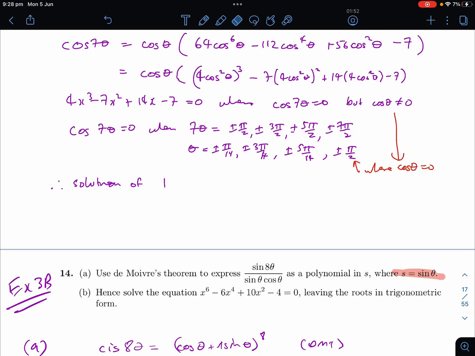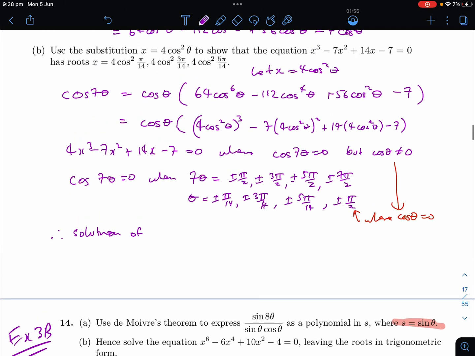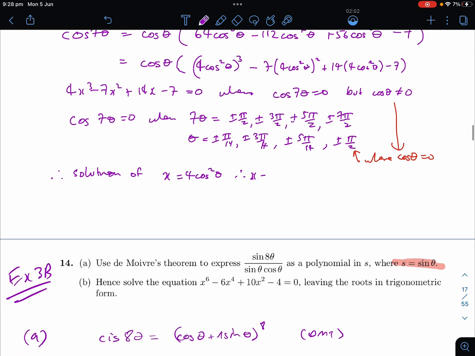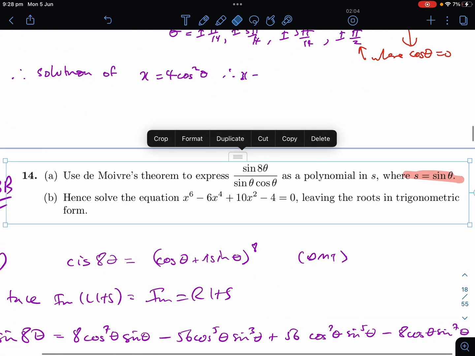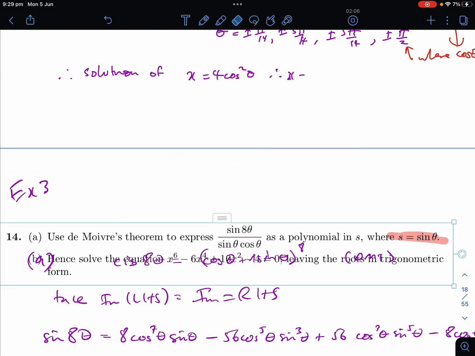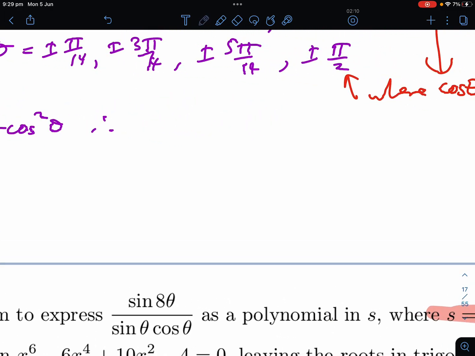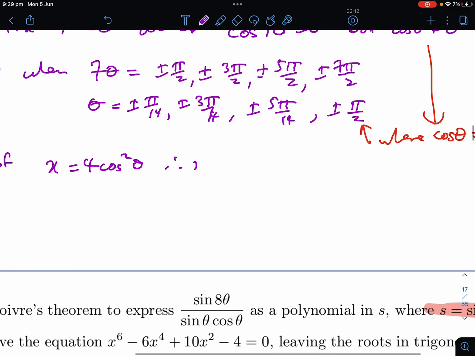So we need to. That is going to be. Let's just go with x. Was it x equals 4 cos squared theta? Therefore, x equals 4 cos. Well, even just write that where.